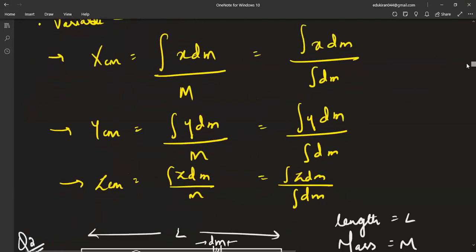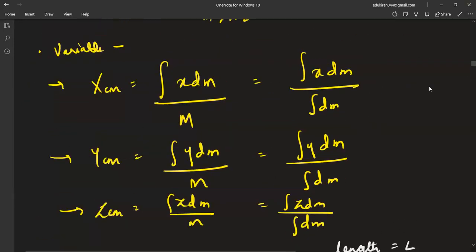Other than this, if you are having variable values for the center of mass, like right now we were talking about definite masses, x1 value was fixed, x2 value was fixed, x3, all these values were fixed. Then mass values were also fixed. So see, if suppose somehow these values are variable, then what we do?